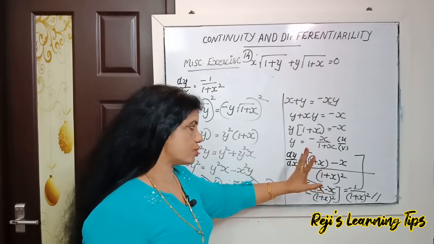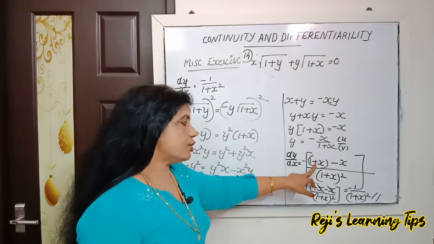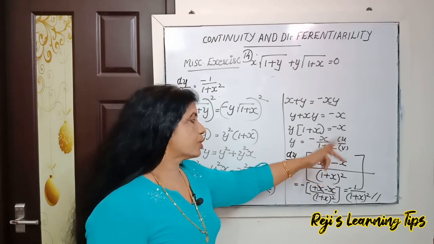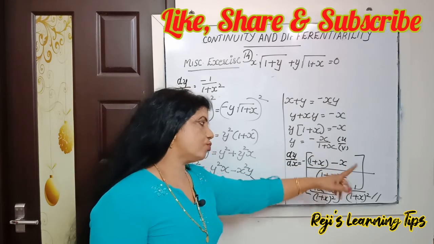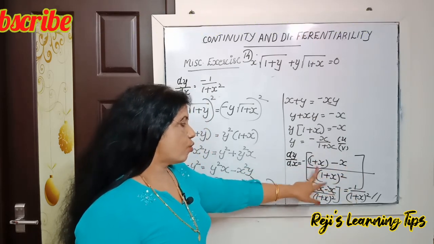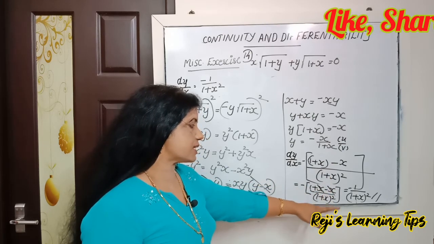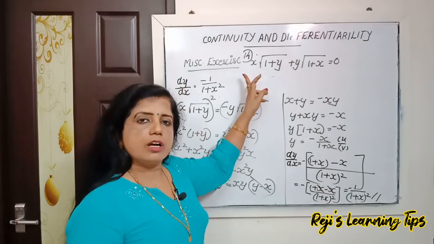Then we apply the quotient rule there. So denominator into derivative of the numerator, that is 1, minus numerator into derivative of the denominator, that is x into 1. Then 1 plus x minus x divided by 1 plus x the whole square, plus x and minus x cancel, then we will get minus 1 divided by 1 plus x square.